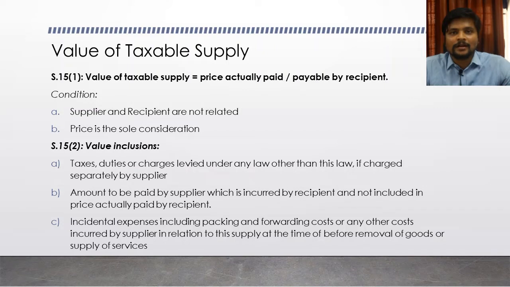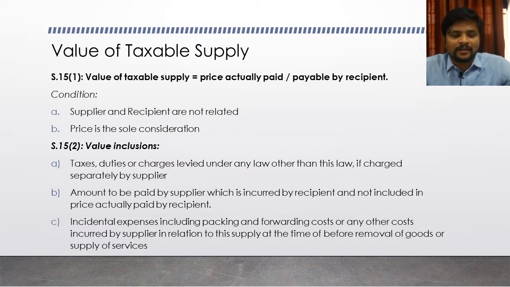Condition number 2, the price is the sole consideration paid by the recipient of supply. There is no separate consideration, or consideration that does not represent the value mentioned in the invoice or the value charged by the supplier. Those cases are not applicable. So if these 2 conditions are satisfied, then whatever price is charged by the supplier should be taken as the value. Okay, so that is subsection 1.